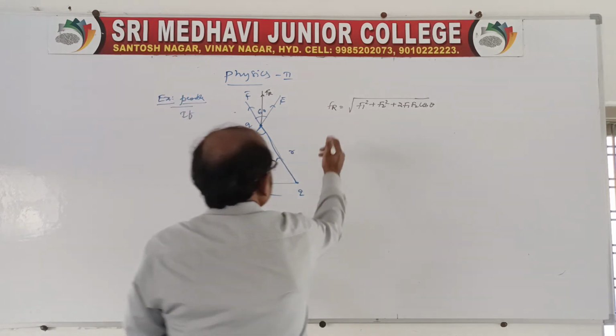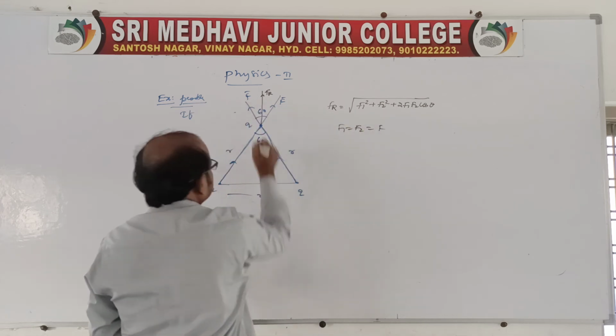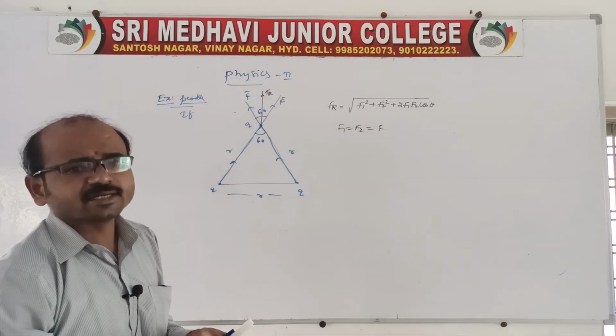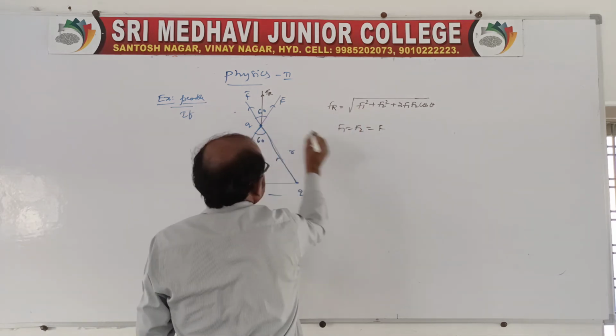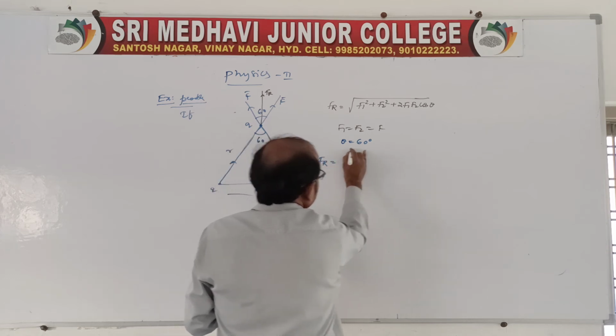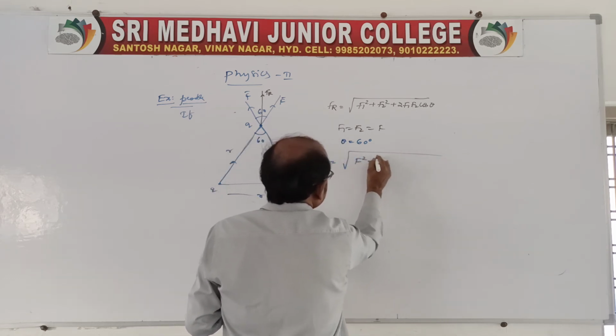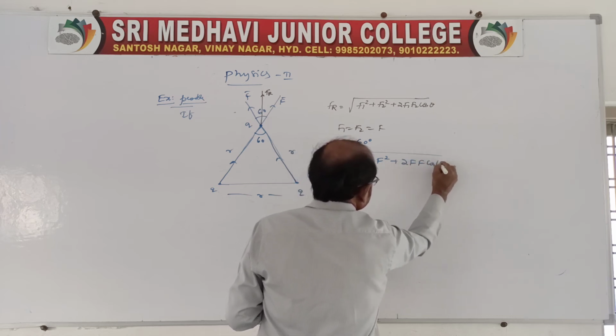And here you say F1 is equal to F2 is equal to F, because they are identical charges, no? The force will be equal. Now you substitute here, and the angle between the two forces is given as theta is equal to 60 degrees. Therefore the net force will be root over F square plus F square plus 2F F cos 60.